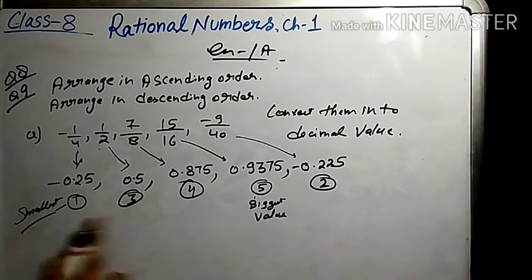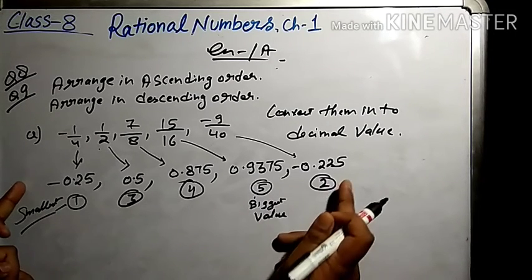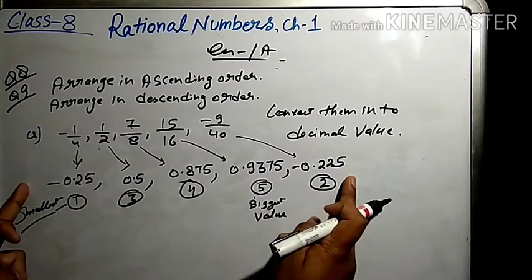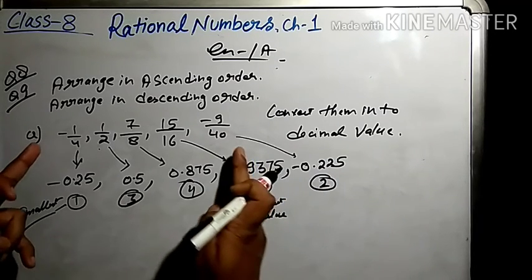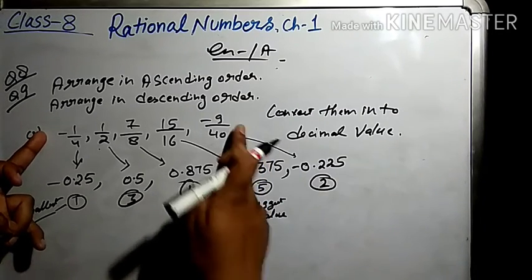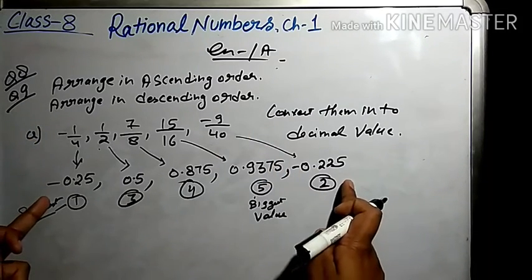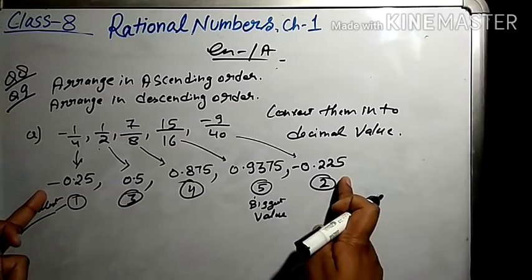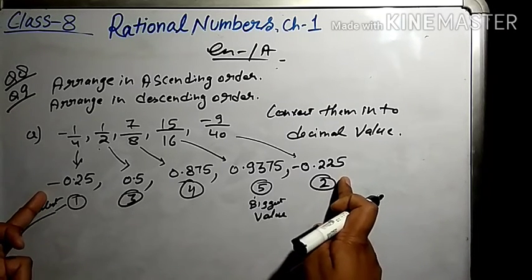This has been done only for comparing, but actually we have to arrange the given rational numbers. Here also the children make a mistake. They just arrange the solved values. This is only to compare.